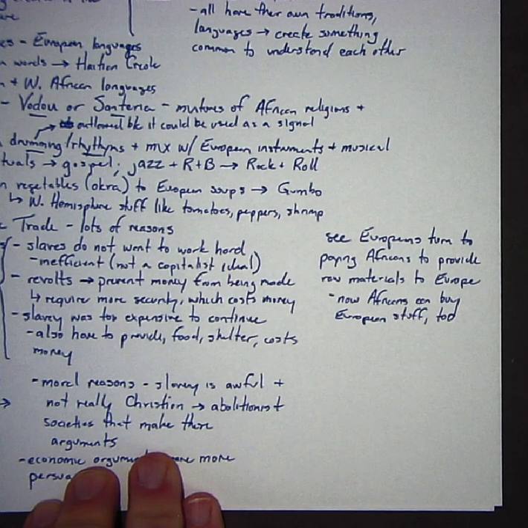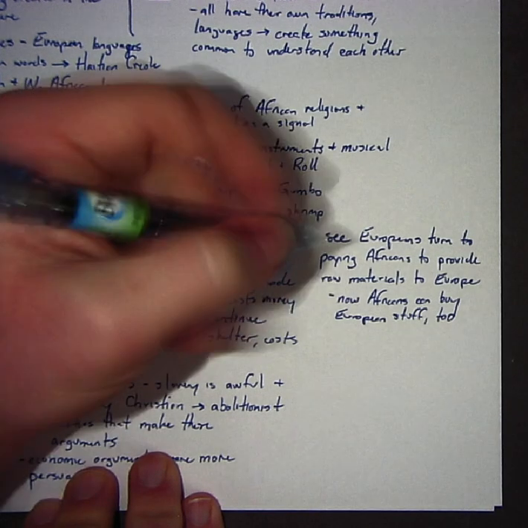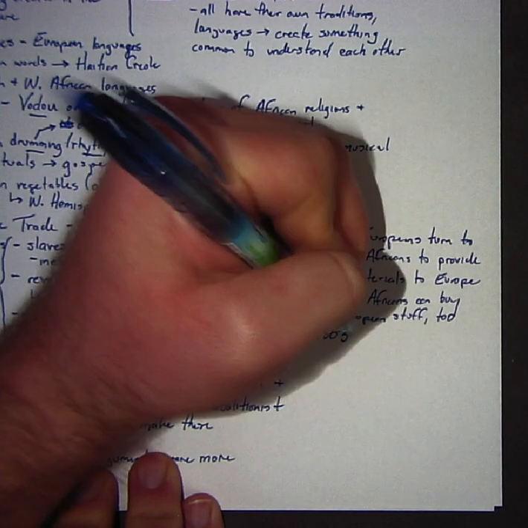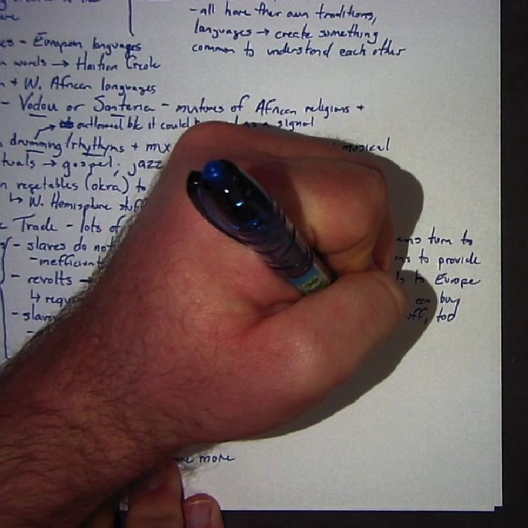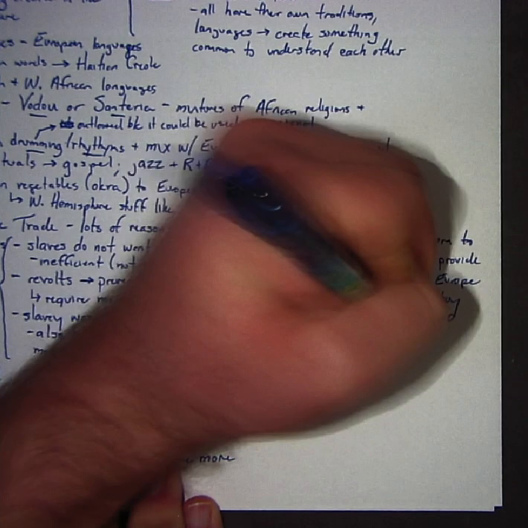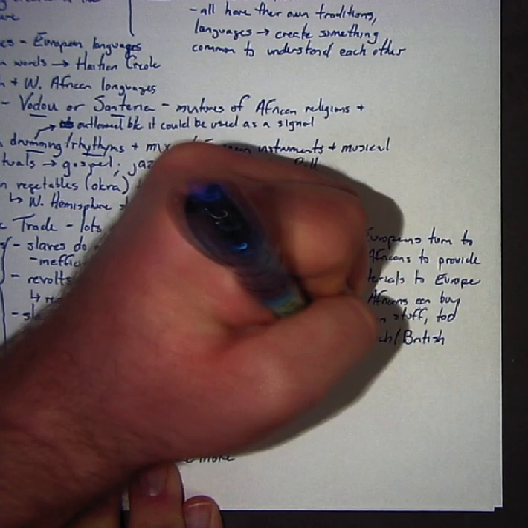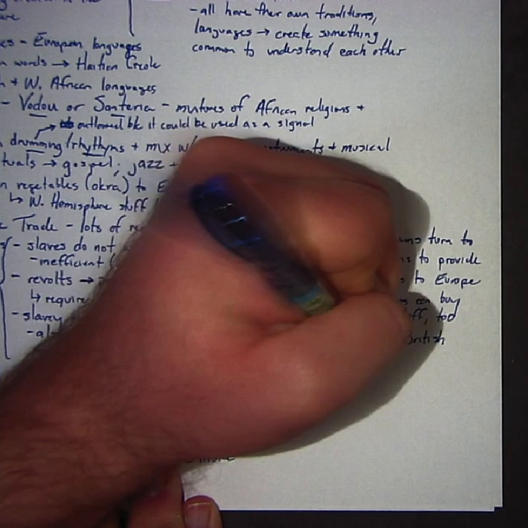So let's look at some dates. And these are going to be after the end of time period 4, but just for the sake of our story here are some dates. In 1803, the Dutch and the British abolished the slave trade.